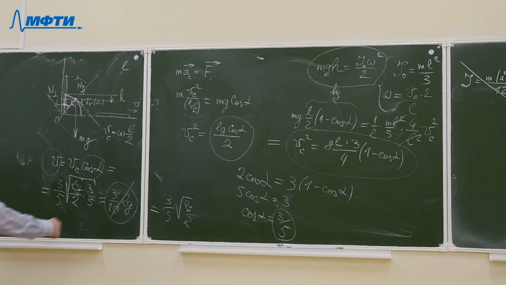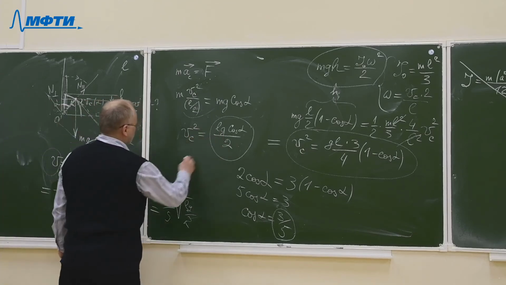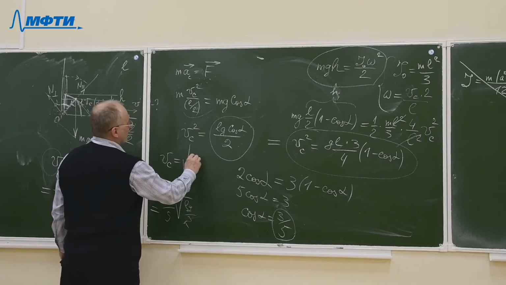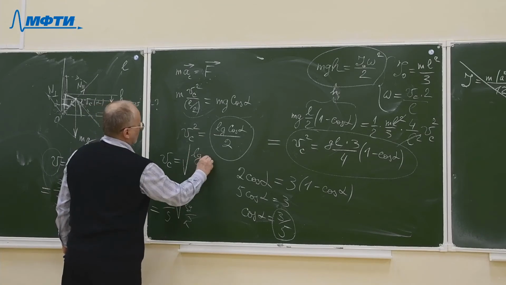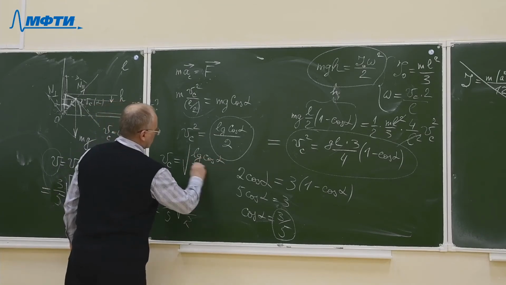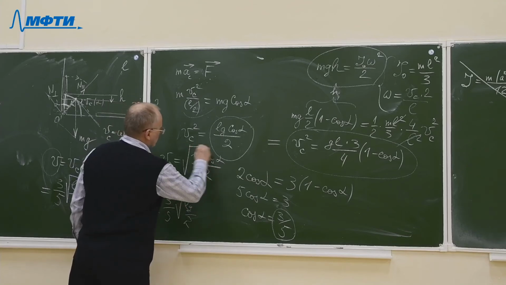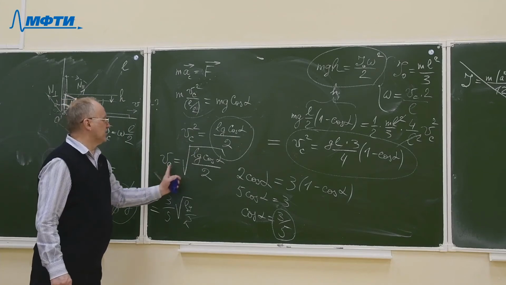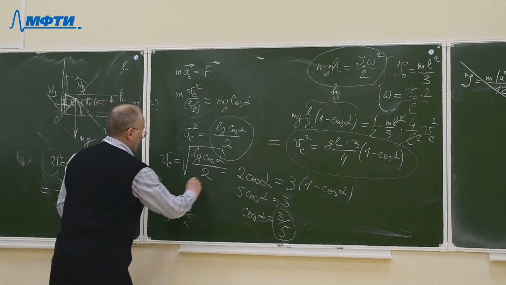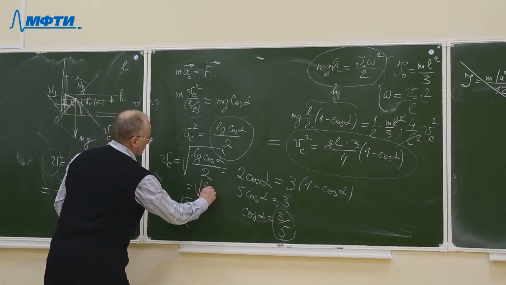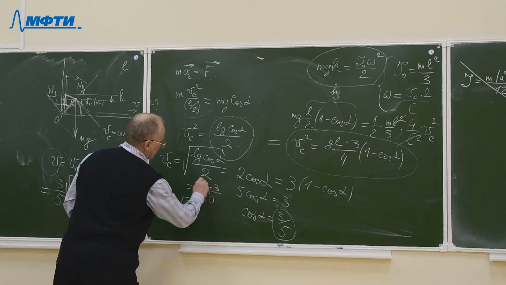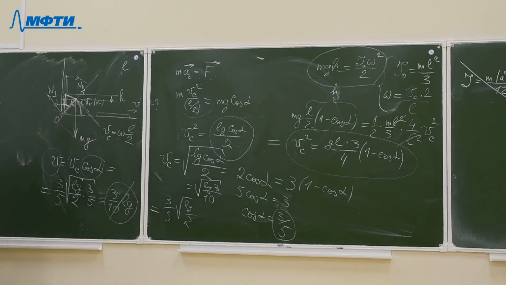So I'm in a hurry, and that's why it's better to write everything logically and not miss the intermediate transformations. So that is the VC, and that will be a square root of Lg. Cosine is 3 over 5, and 2 here, 3 over 10 under the square root.